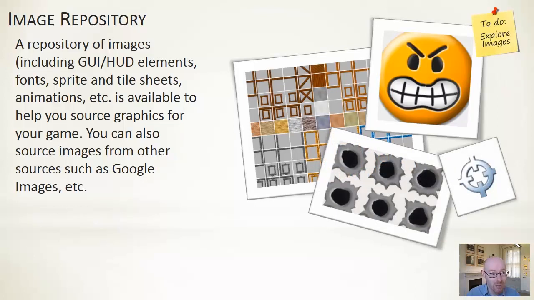You have some HUD elements, sprite sheets, tile sheets, some animated files. Have an explore of it and try to find something that fits in with the game you're looking at. Google Images is also particularly good if you're searching for the right term.